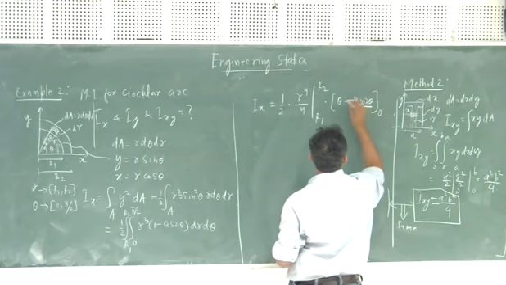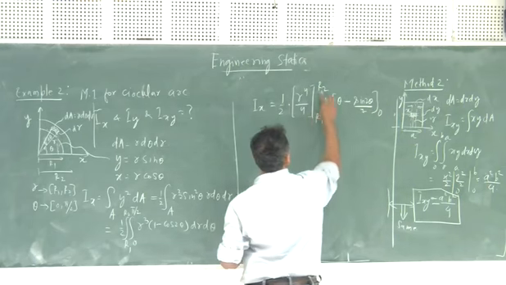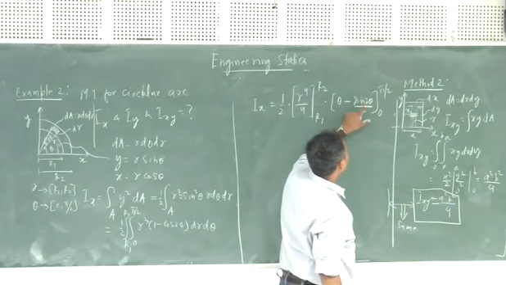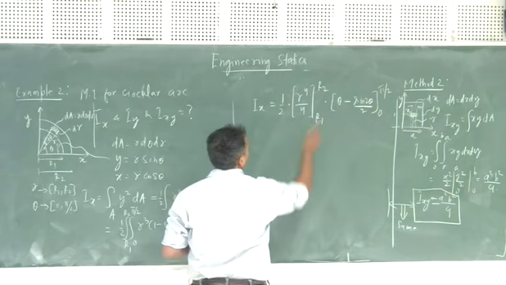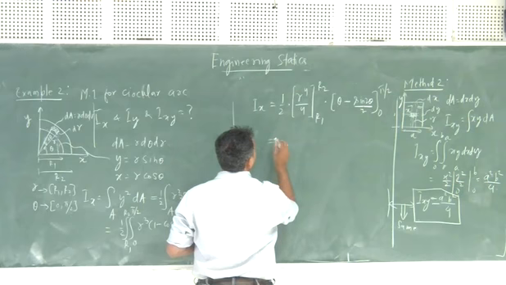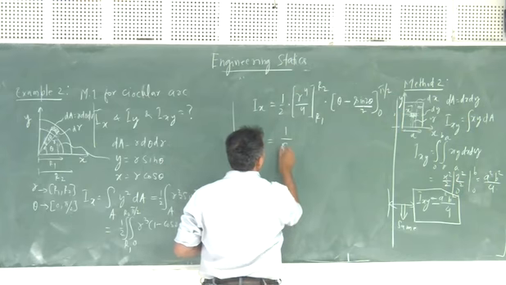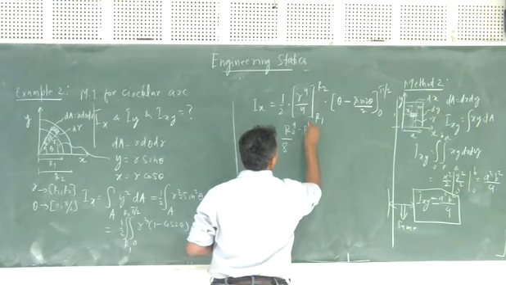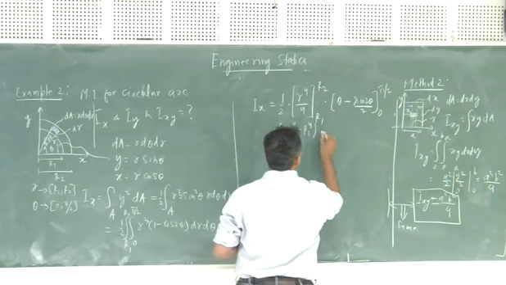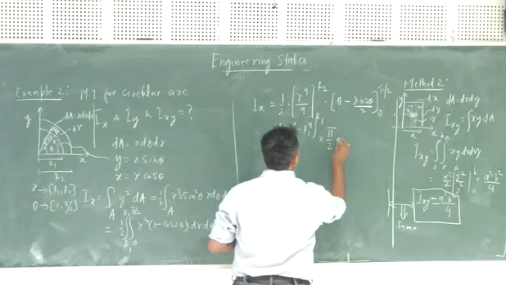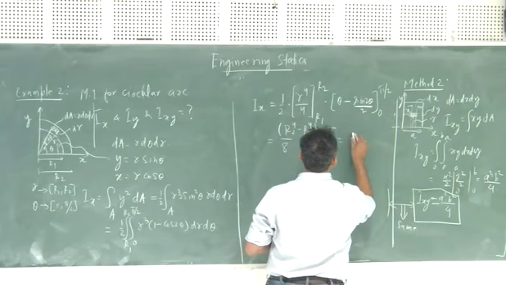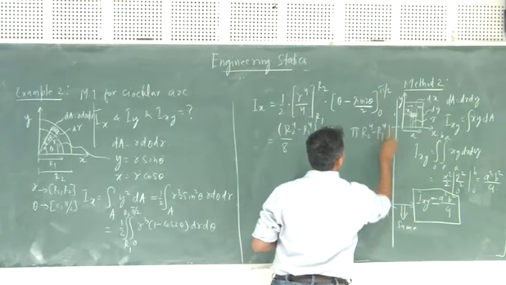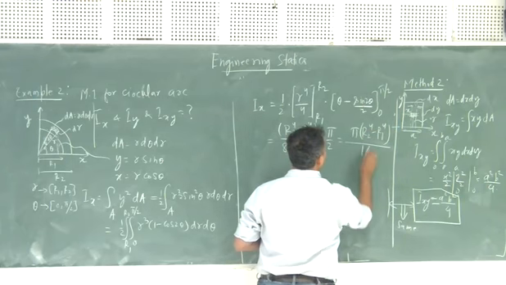So if you substitute the range, theta from 0 to pi by 2, what you will be getting? Sin of pi and sin of 0 vanish. Here you will be getting 1 by 8, r2 to the 4 minus r1 to the 4, into pi by 2. It means that the formula you are going to get is pi times r2 to the 4 minus r1 to the 4, divided by 16.